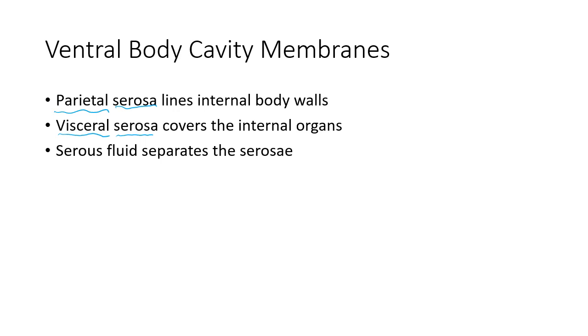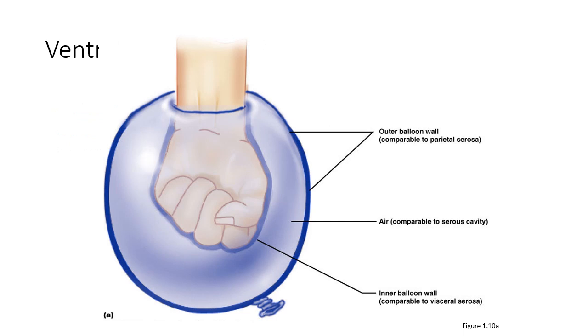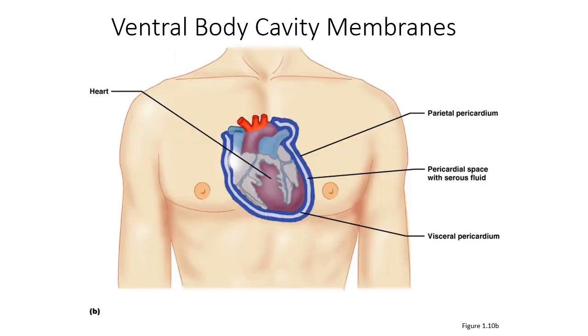And so with these membranes, what we end up with is essentially that pleural lining. We have the visceral lining, and then there's a little space in between. And that space has a tiny bit of fluid there, and that allows for that organ to move around.